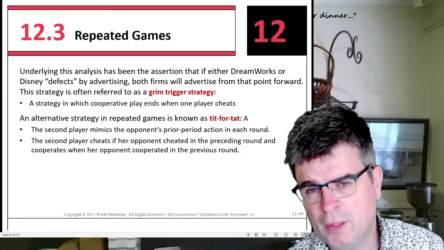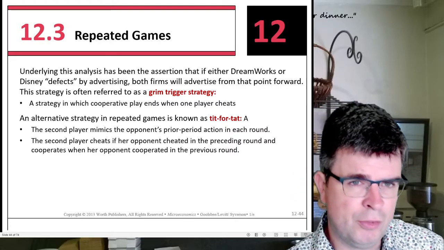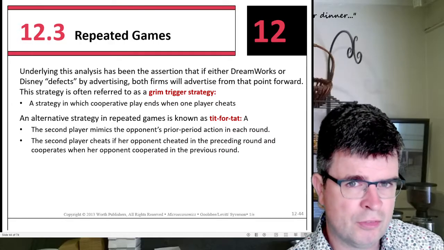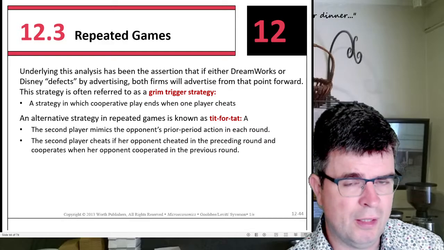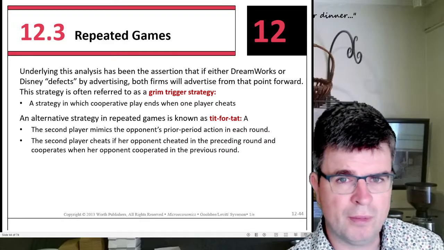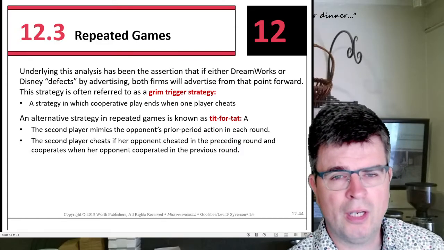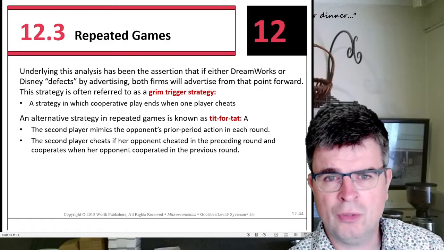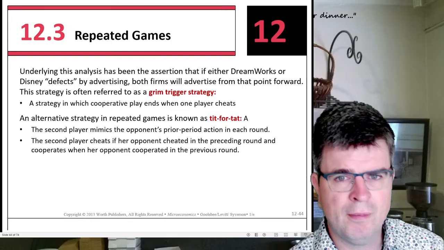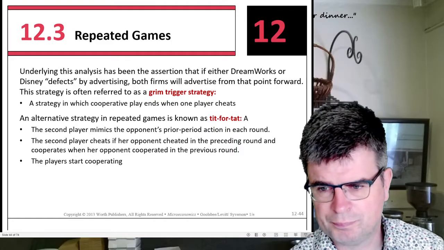So if you observe Disney advertising in period 1, then you will advertise in period 2. But in the tit for tat strategy, you will not say, I will advertise forever after, because if you observe that the opponent doesn't advertise in period 2, then you will return as well to the action of not advertising in period 3. So in tit for tat, you do as your opponent did in the previous round.